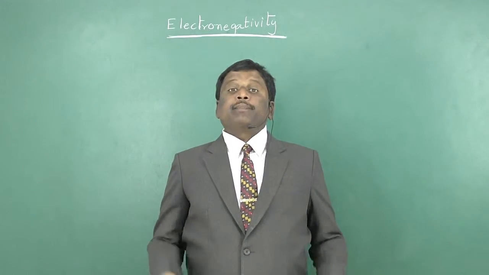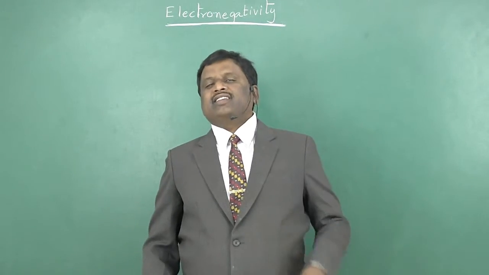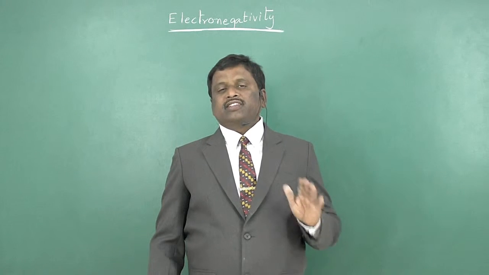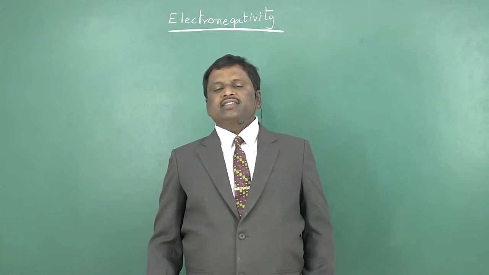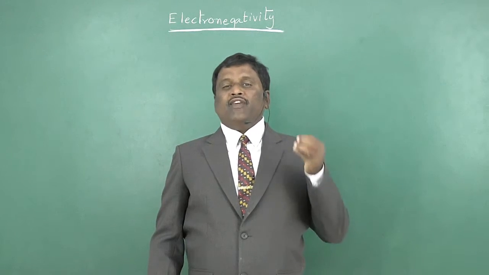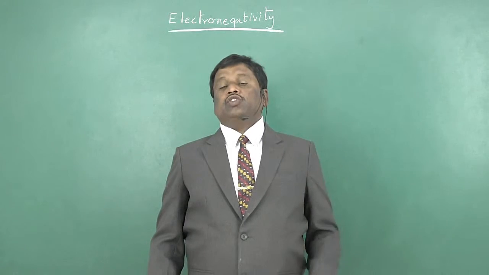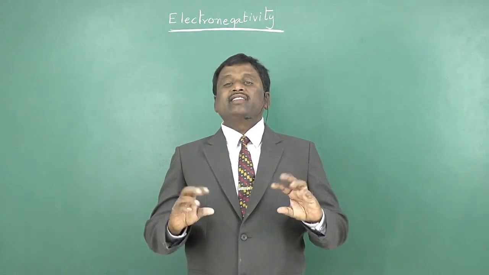Electronegativity is a property of an element when it is in the molecular state. The previous three periodic properties, that is atomic size, ionization potential and electron affinity, are the property of an atom when it is in an isolated state. But electronegativity is the property of an element when it is in the molecular state.